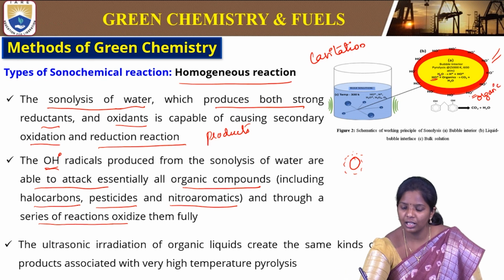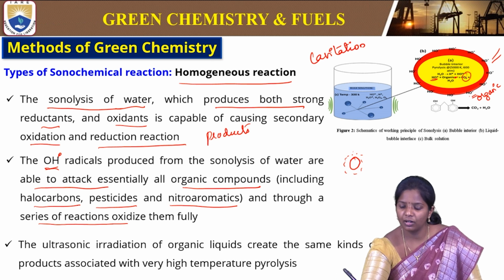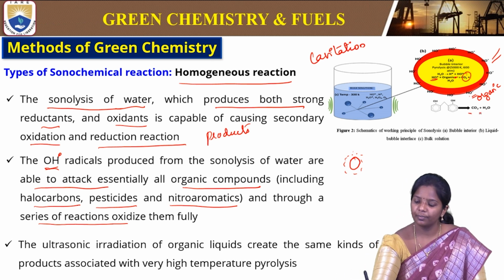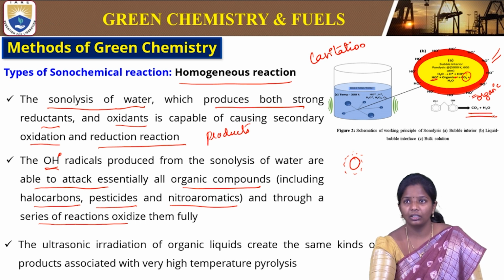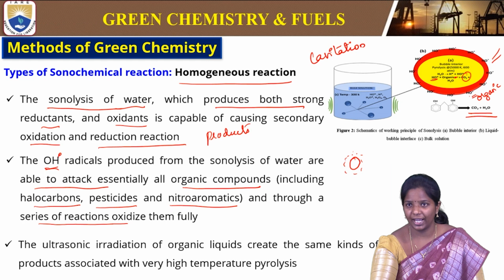These hydroxyl radicals with organics will produce carbon dioxide and water, thereby oxidizing all the organic compounds present in that particular reaction. So this is how the bulk reaction takes place in the bulk solution.